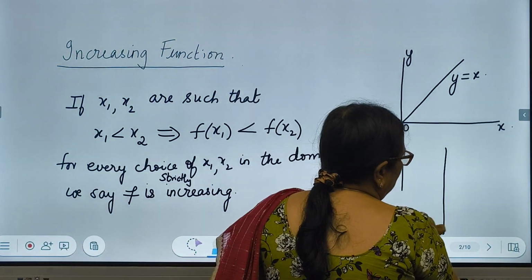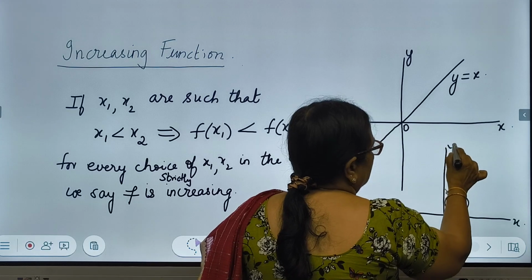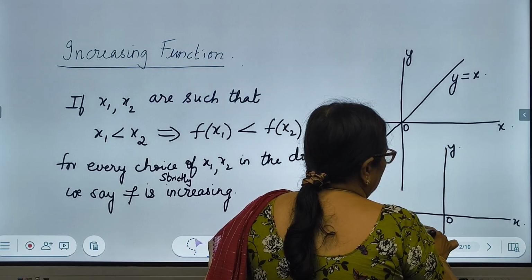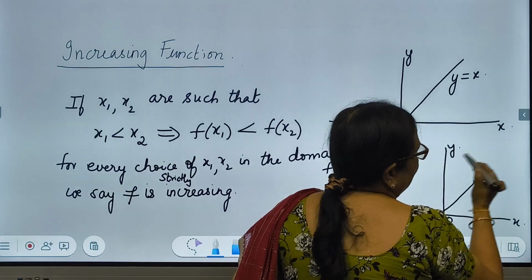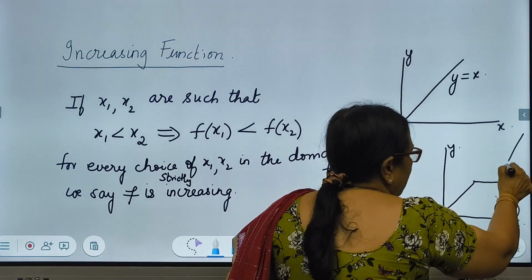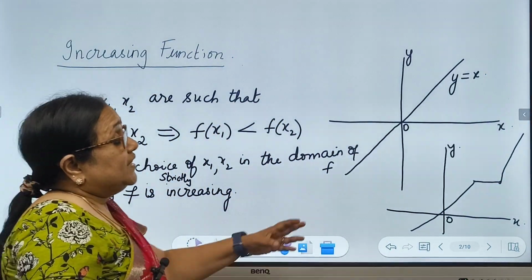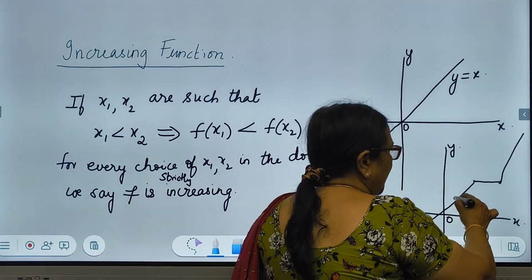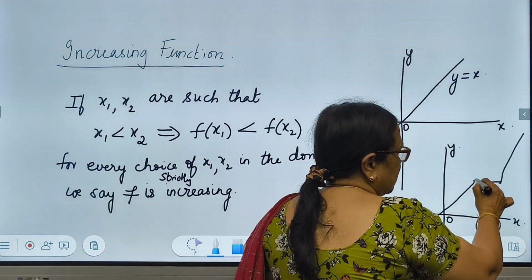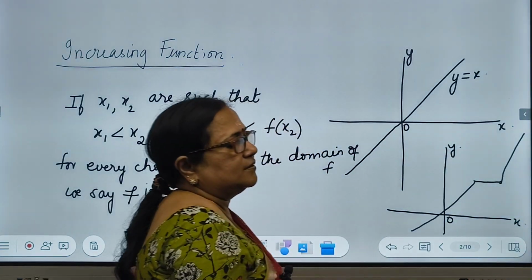But it is also possible that you have a function which is strictly increasing like this, then it is constant for some time and then again increasing. In this case, you observe that here as x1 increases, the y coordinate increases, but here it is constant and then it increases.